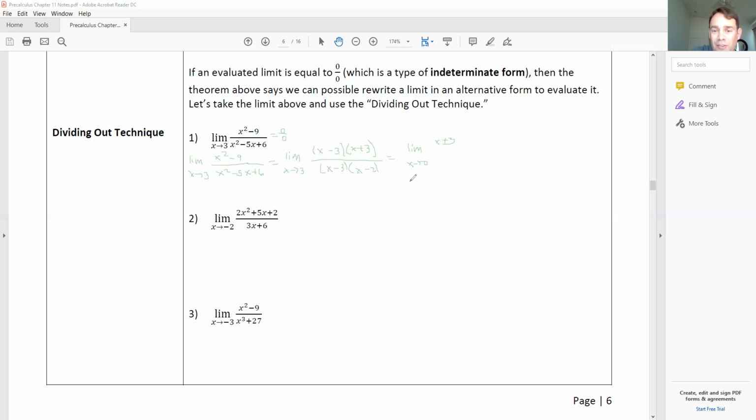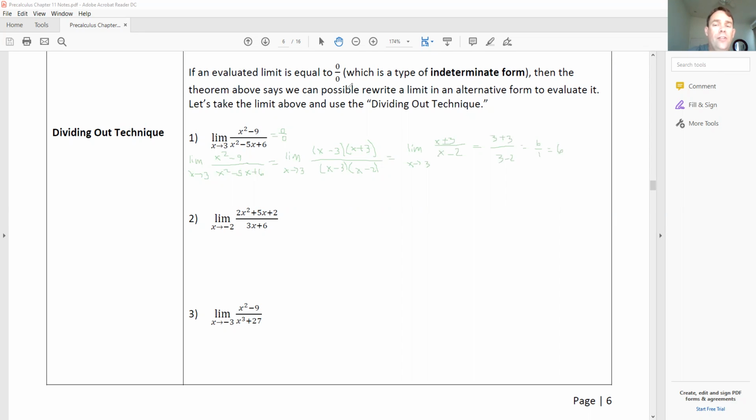So we have x plus 3 over x minus 2. So if we plug our 3 in here, we end up with 3 plus 3 all over 3 minus 2, which ends up being 6 over 1, or 6. Turned out the limit actually does equal 6. If I were to graph it, it would have had a hole at that spot.